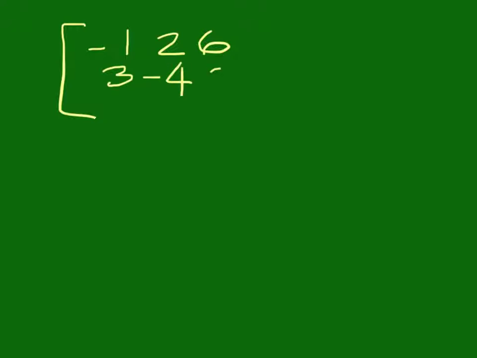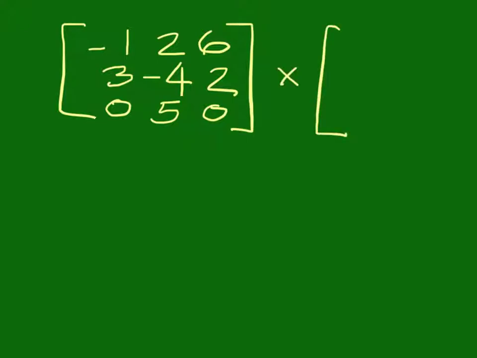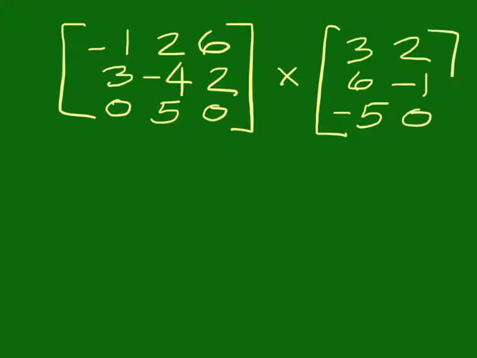Try this practice problem. It is negative 1, 2, 6, 3, negative 4, 2, 0, 5, 0. And we're going to multiply that against 3, 2, 6, negative 1, negative 5, 0.